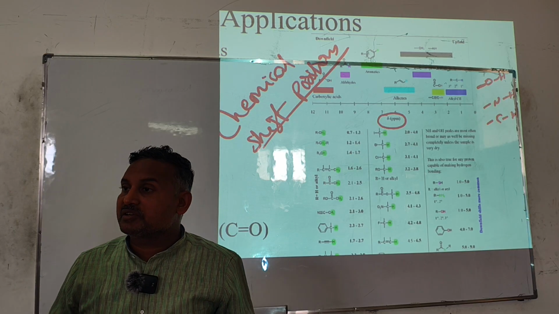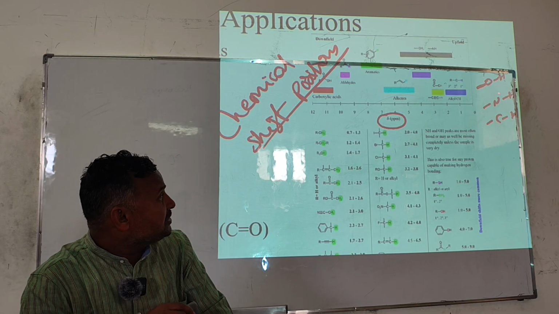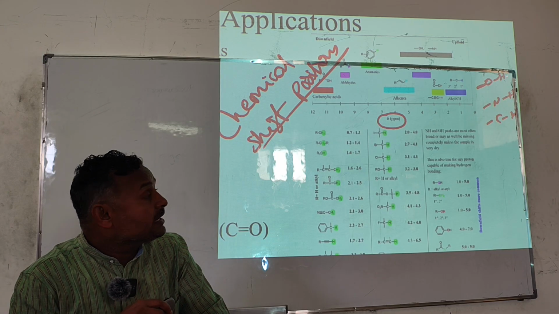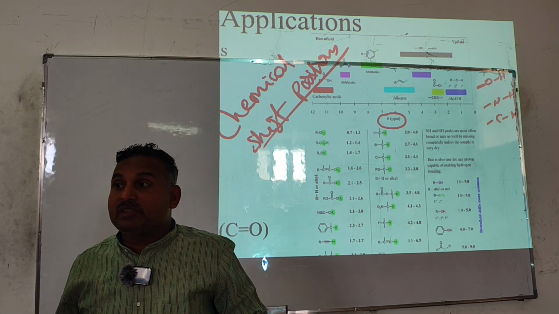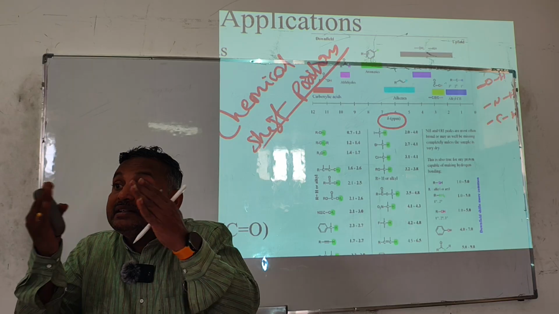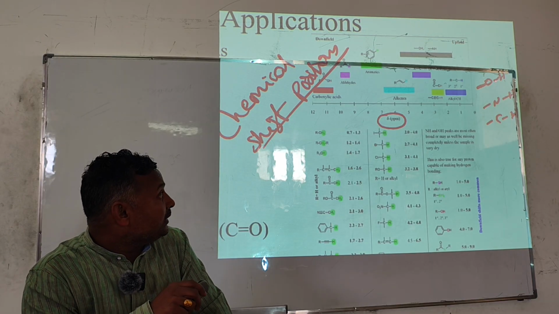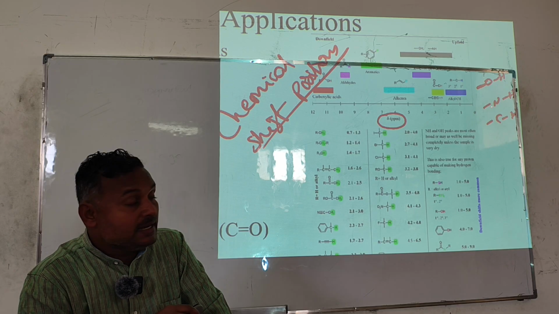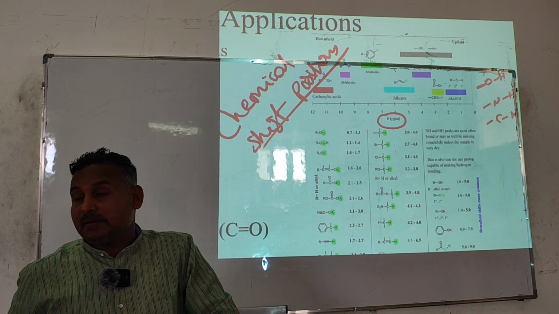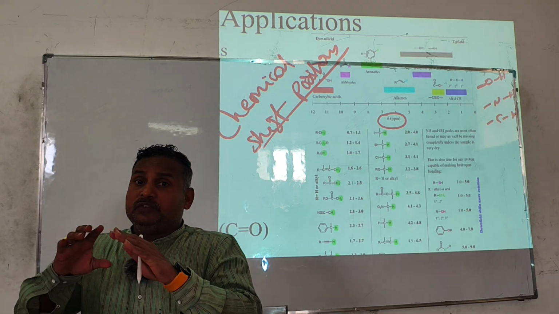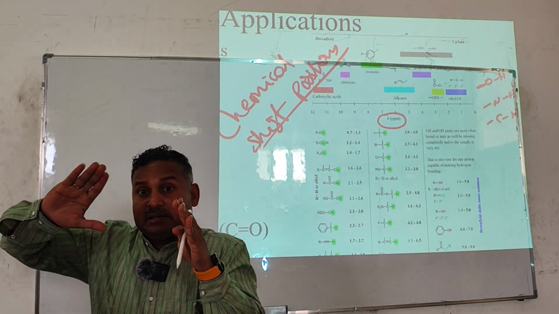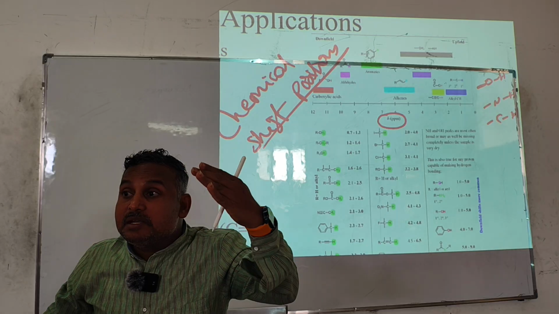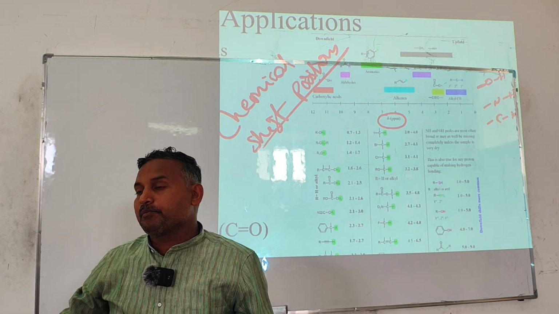For example, CH. This is also H, this is also H, this is also H, but their chemical environments are different. For this H, the chemical environment is O. For this H, N. For this H, C. So protons are differentiated based on their chemical environments.